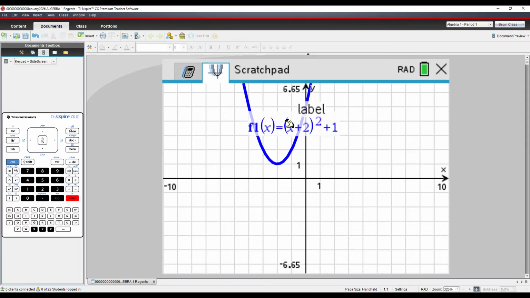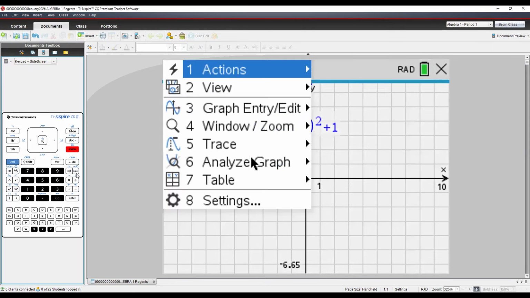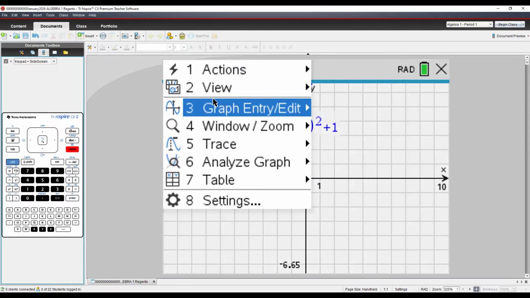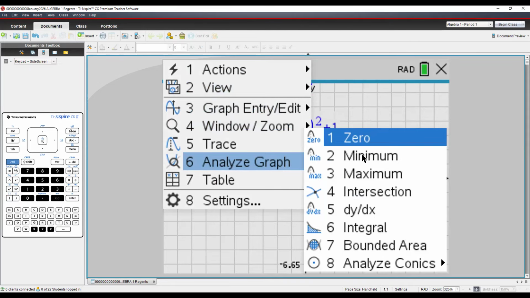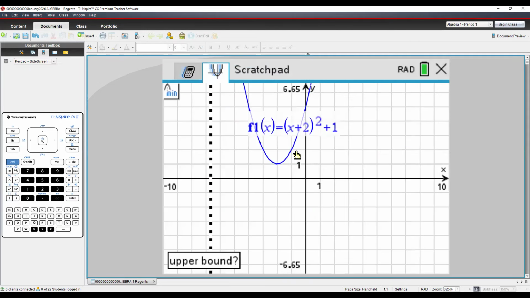Now that's my quadratic. Your calculator can help you find the vertex or the minimum. If you go analyze graph and then look for the minimum, just start on the left, pull it to the right, and it tells you.